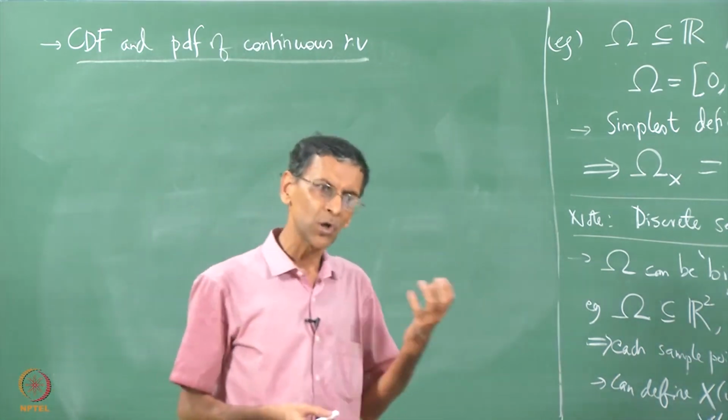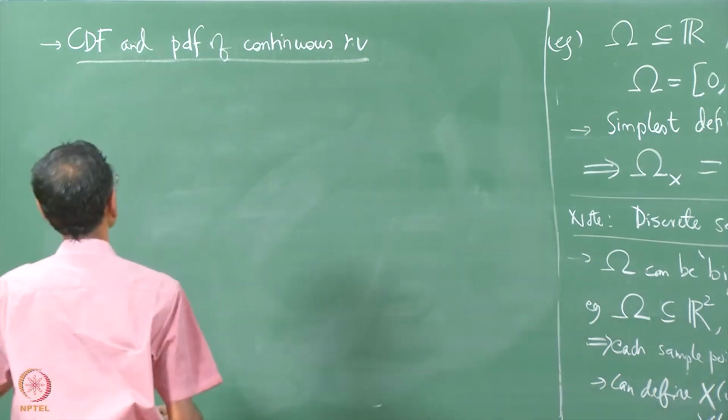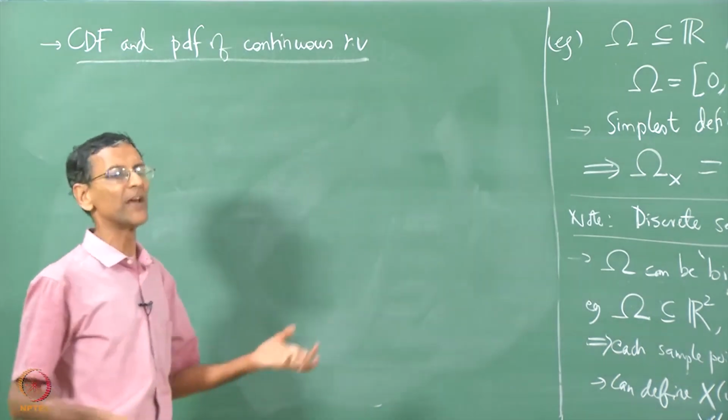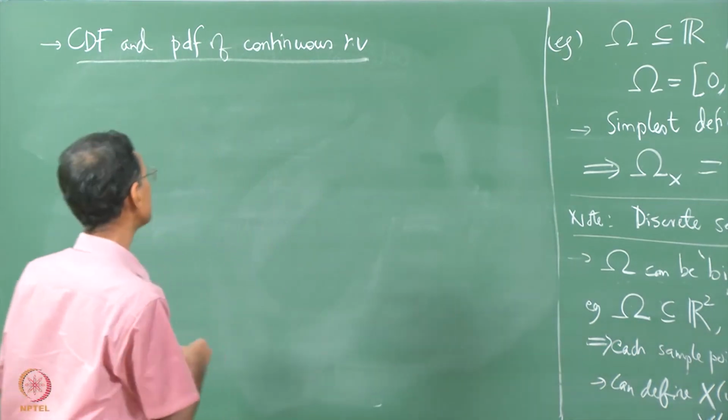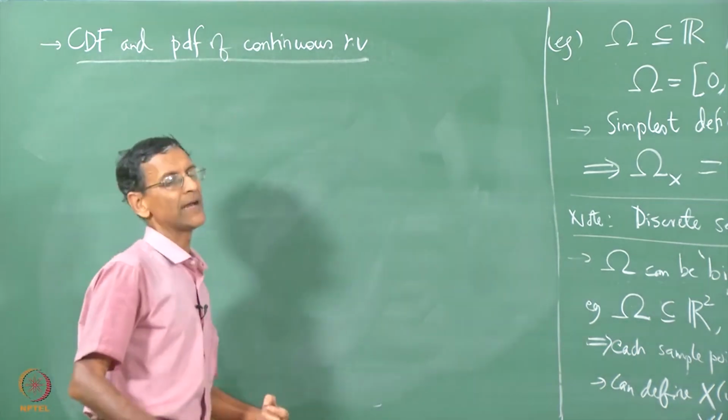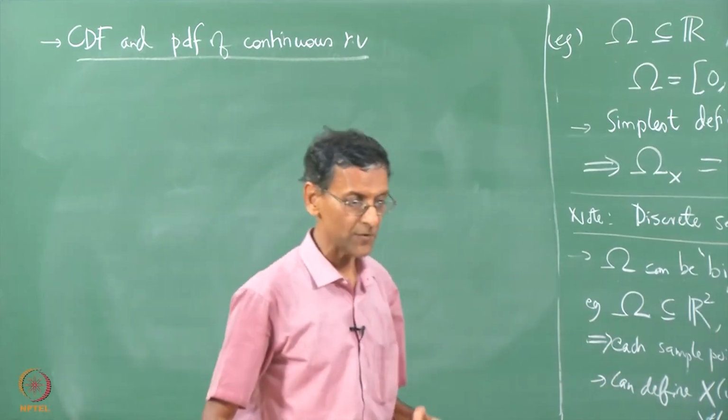But they are more commonly encountered as properties of random variables, and so we have to make the connection between what we said in the previous lectures and our definition right now of continuous random variables.